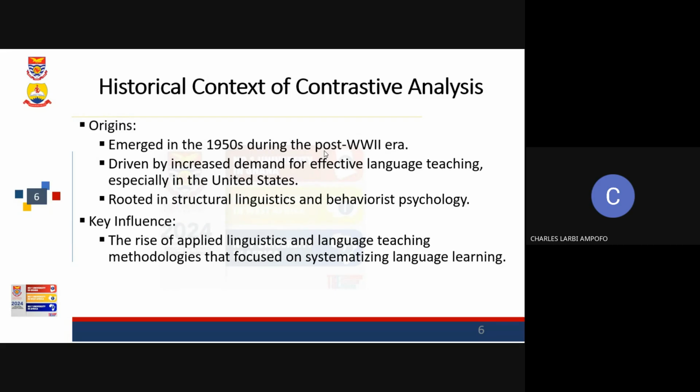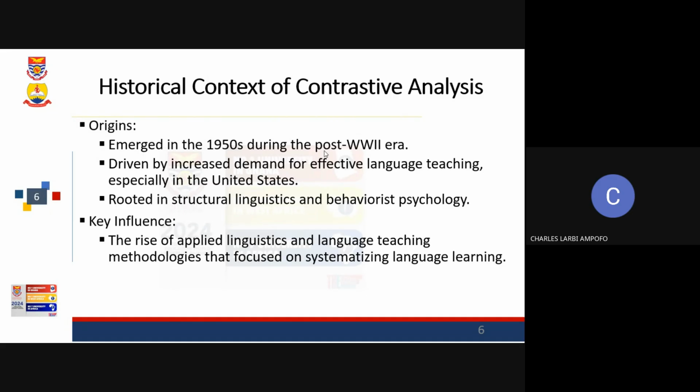So we said that the rise in applied linguistics and language teaching methodologies that focus on systematizing language learning influenced contrastive analysis. When we talk of applied linguistics, we're looking at how language is actually used in our lives, and also language teaching methodologies that focus on systematizing language learning. So we were looking at how to teach language by putting language into systems.